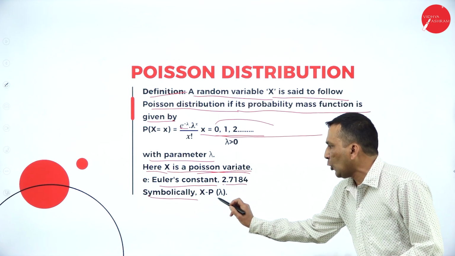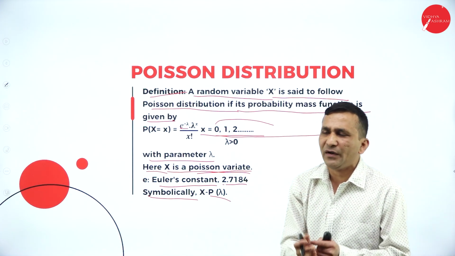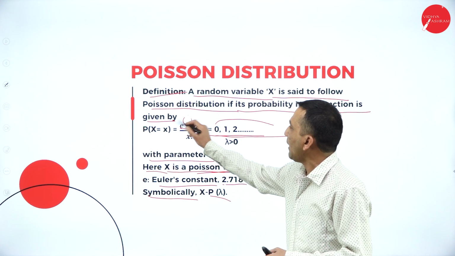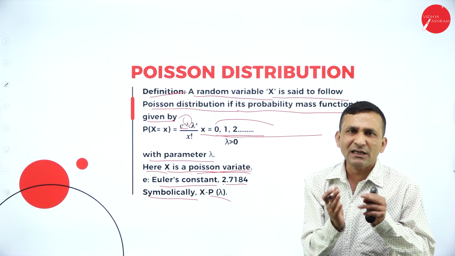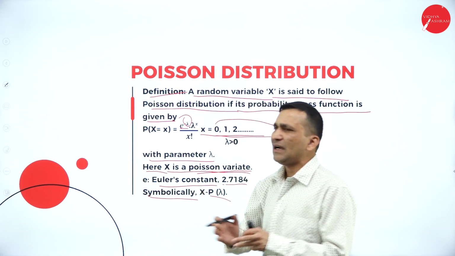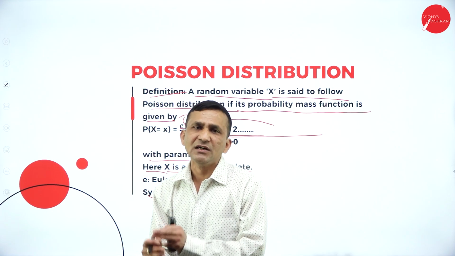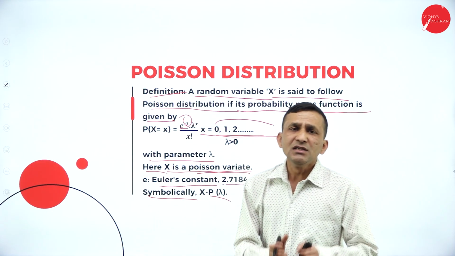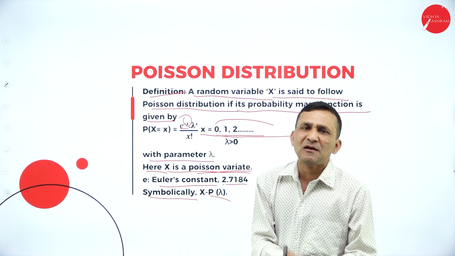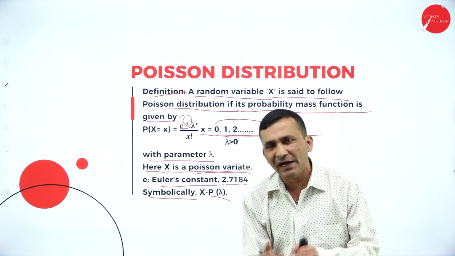Symbolically, x tends to P of lambda, because when we solve, we definitely need to depend on the lambda value, whether for grouped or ungrouped data. So lambda is very important. Sometimes they specify it in the question as an average, so that we can identify it. Sometimes the problem won't specify the Poisson distribution, but with the help of examples we can identify it.